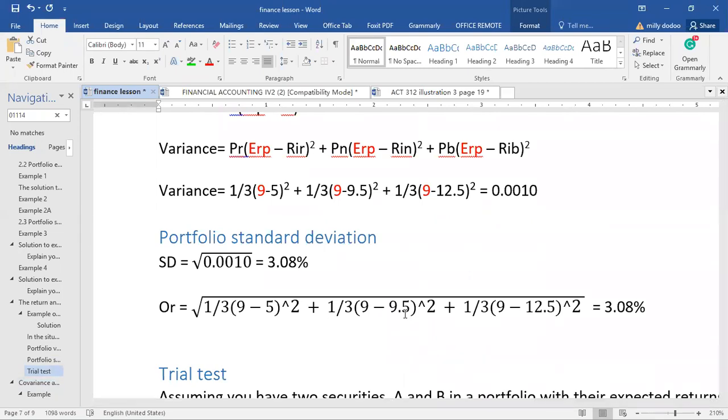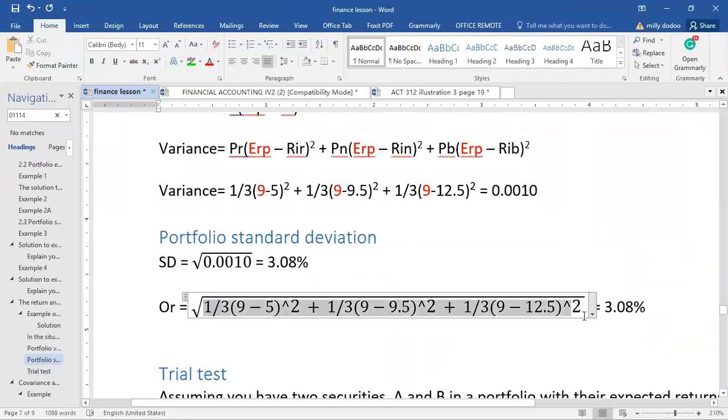So somebody who found the variance will just take the square root of the variance and get the standard deviation straight away, like this. Are you getting the scenario? Or you take the square root of the variance here like this straight away.